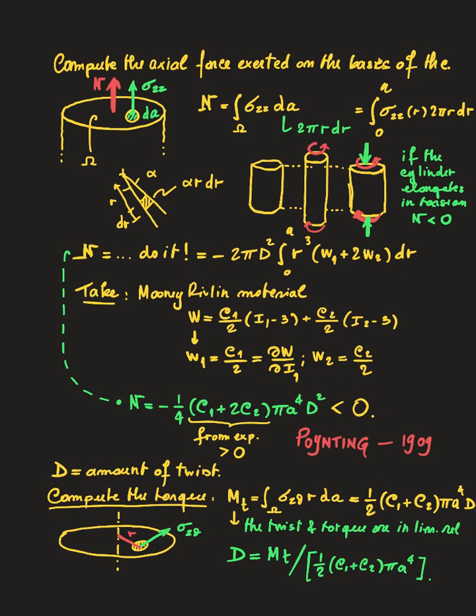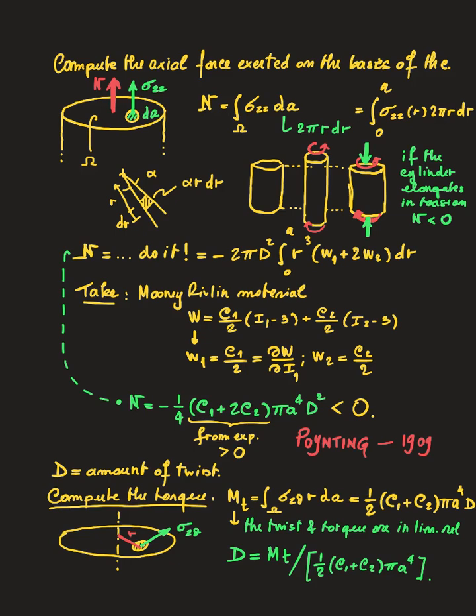So if, for example, you take an experiment once again and you can measure the normal force and the torque, you have access to C1 plus 2C2 and C1 plus C2. So you see, you have essentially the way to reconstruct from torsion experiments the value of these two constants.